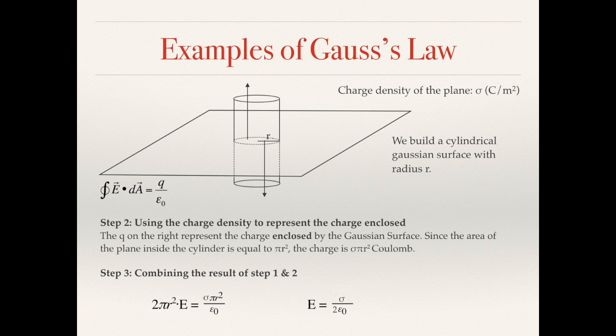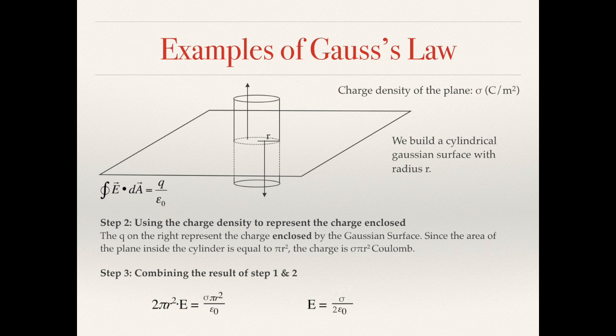So we just multiply that charge density with the area and we get the charge. So the charge enclosed by the Gaussian surface, in this case, is equal to sigma pi r squared coulomb.